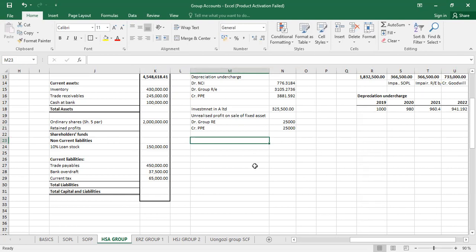Then you see, we sold our assets to our subsidiary, and now we are combining the two and we have some profit. The profit is not an asset, so we have a depreciation overcharge, because the profit was considered when we were calculating depreciation. Depreciation overcharge.